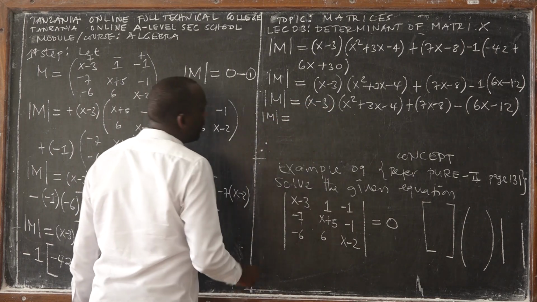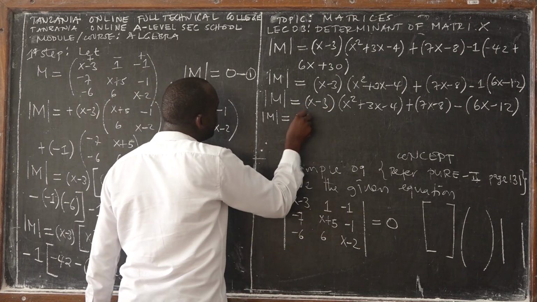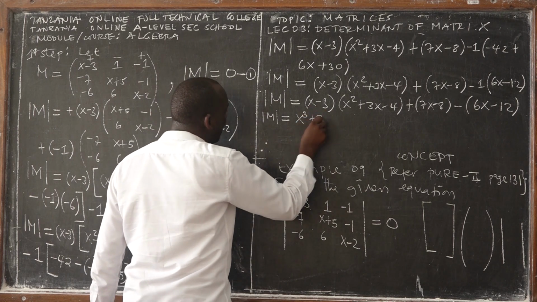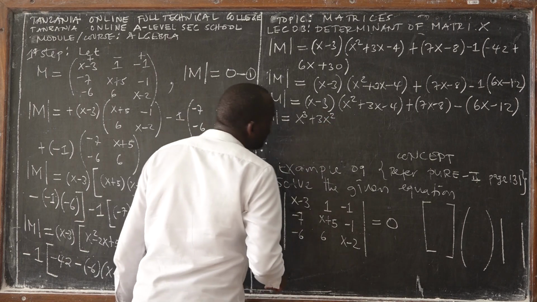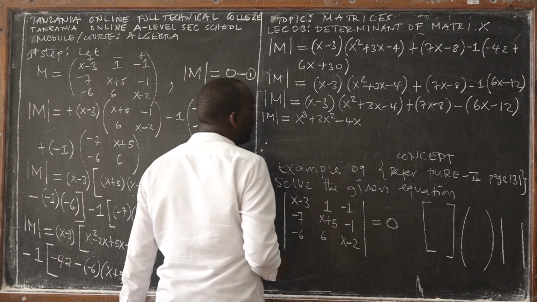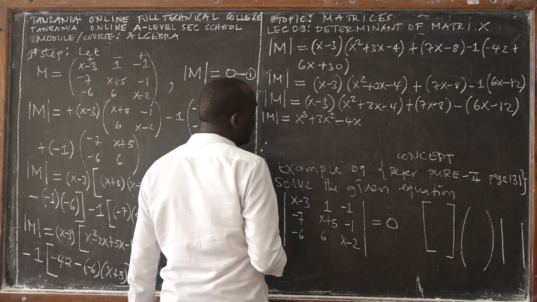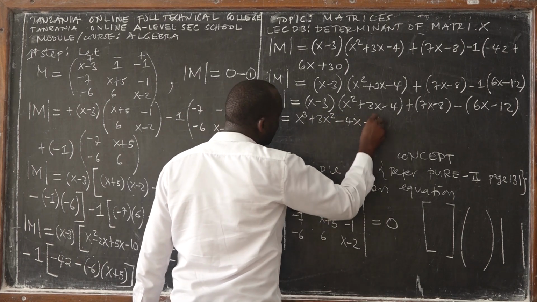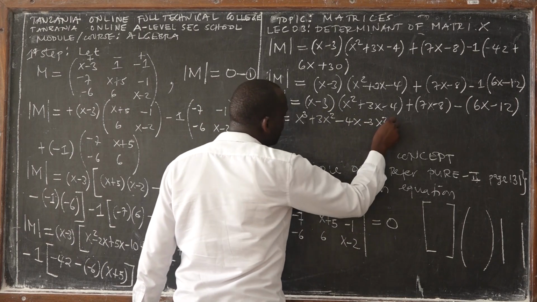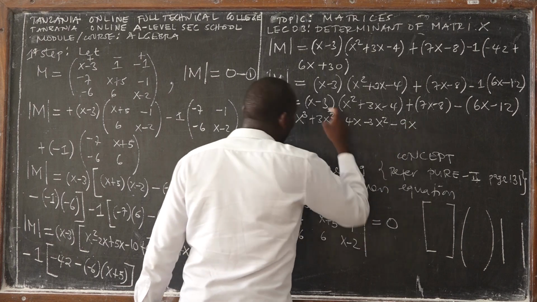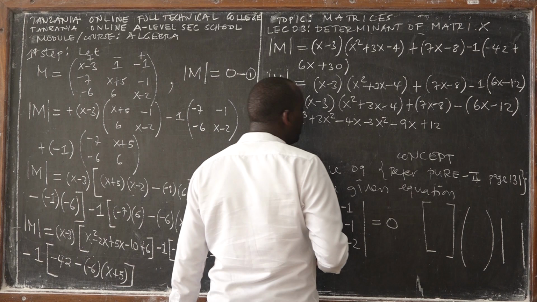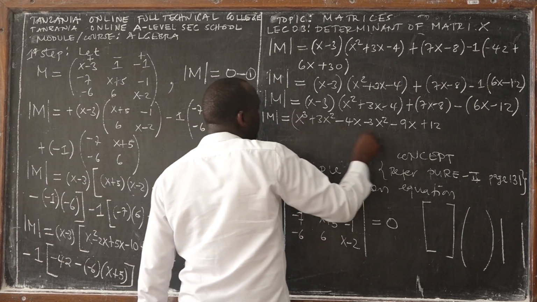The determinant of matrix M is equal to x times x squared, x cubed. Then x times 3x, plus 3x squared. X times negative 4. Negative 3 times x squared. Negative 3 times 3x, negative 9x. Negative 3 times negative 4, positive 12.